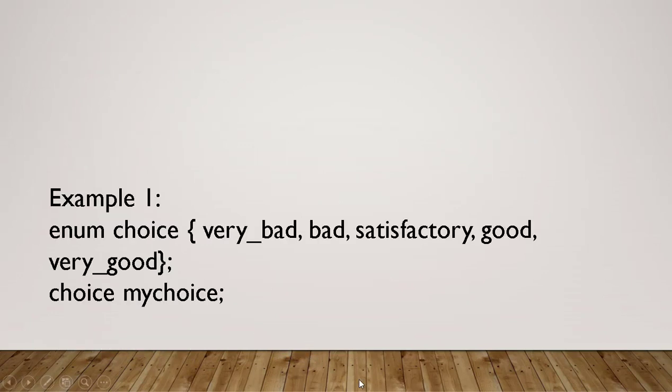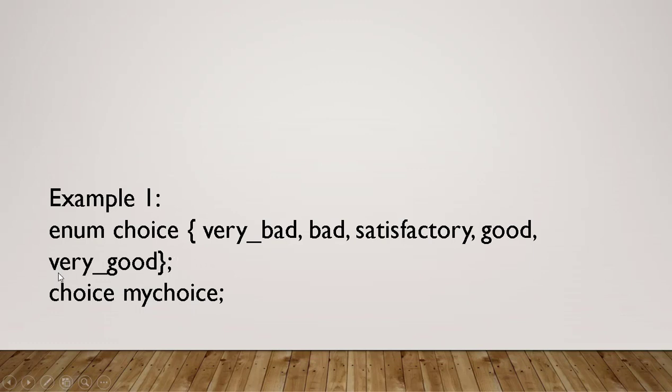Let us see an example: enum choice. The choices can be very bad, bad, satisfactory, good, very good. So choice is the enumerated data type, and my choice can take any of these values: very bad, bad, satisfactory, good or very good.